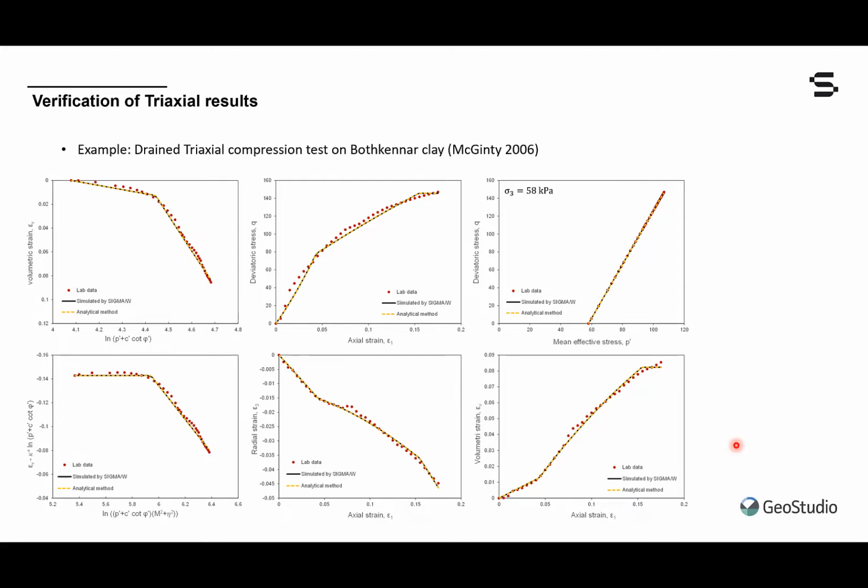The full compatibility of analytical and numerical curves shows the reliability of the implementation process of this particular model in Sigma. In addition, the acceptable consistency between the lab results and the constitutive model simulations indicates the capabilities of the calibrated soft soil model in predicting the response of a soft clay.